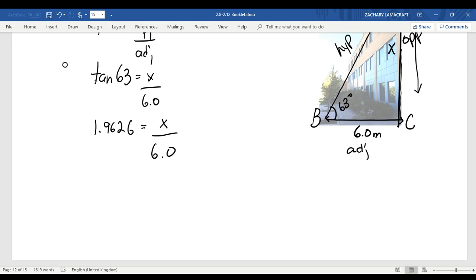So as always, we're trying to find our unknown, x. So what would be next? Yep, you got it. We're cruising now, cross multiplication. Since it's division on that side, to bring it across the equal sign, we make it a multiplication. So it'd be 1.9626 times 6.0 equals x.